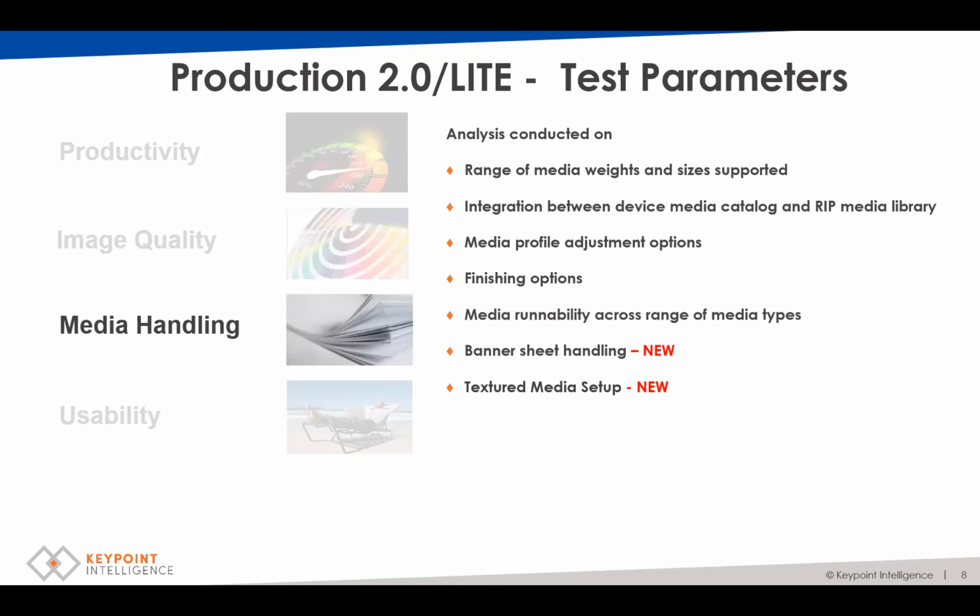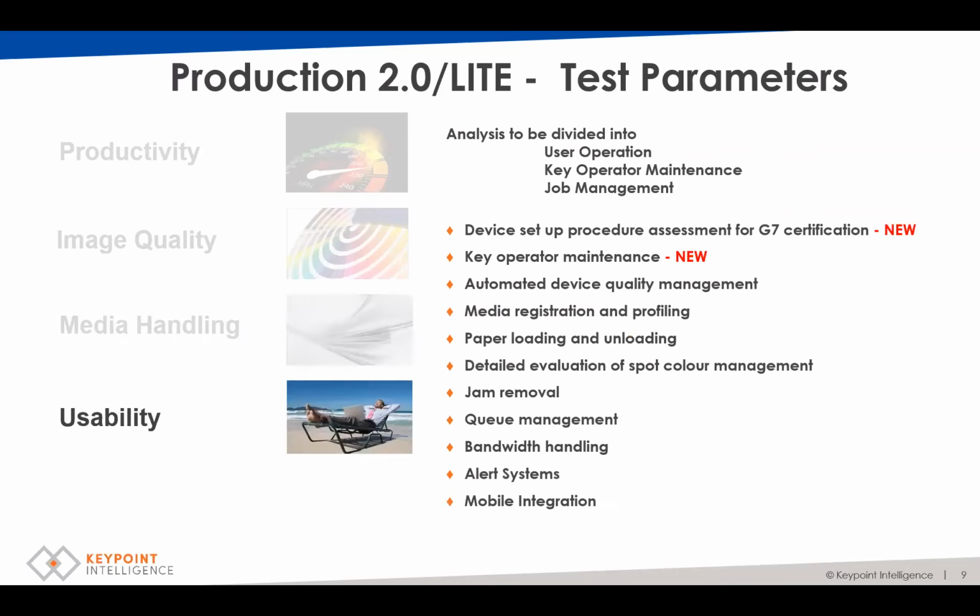Media handling looks at the size of the media range and the weight of the media range, as well as the media profile adjustment options, and what kind of finishing options are embedded in the device. And lastly, usability.